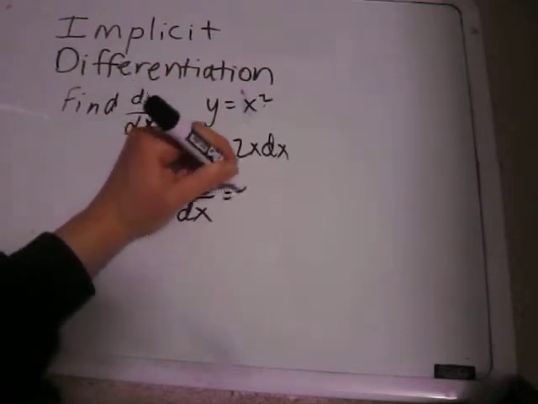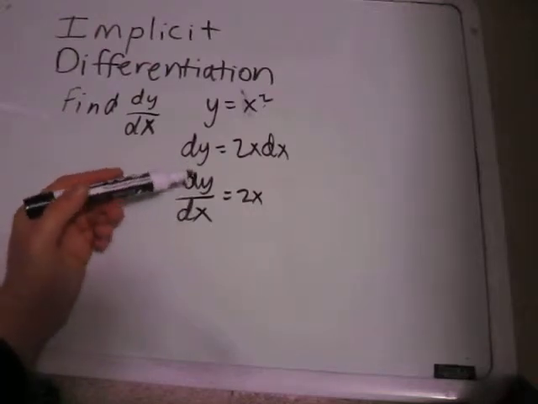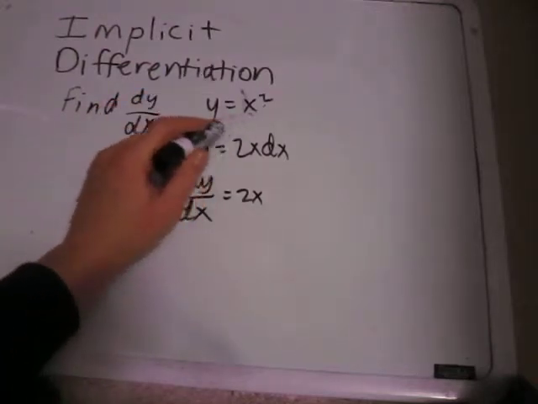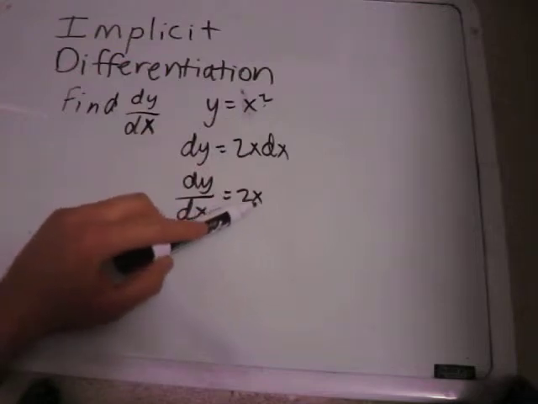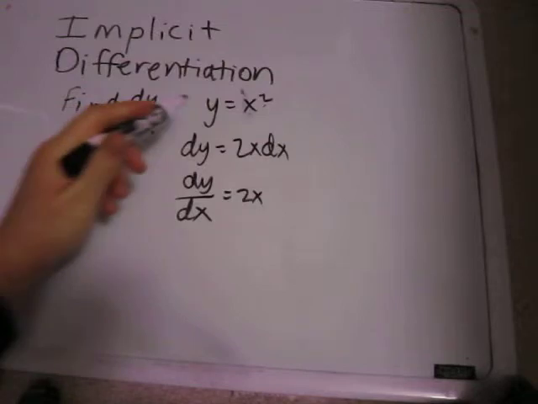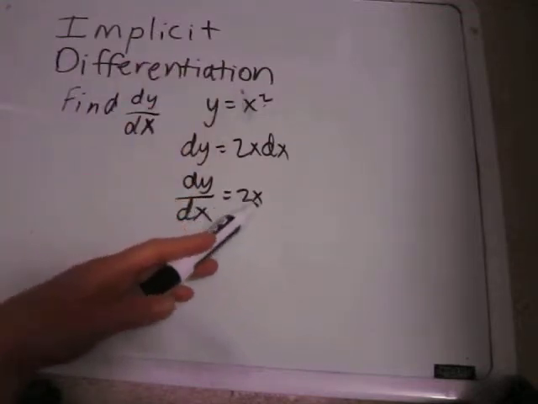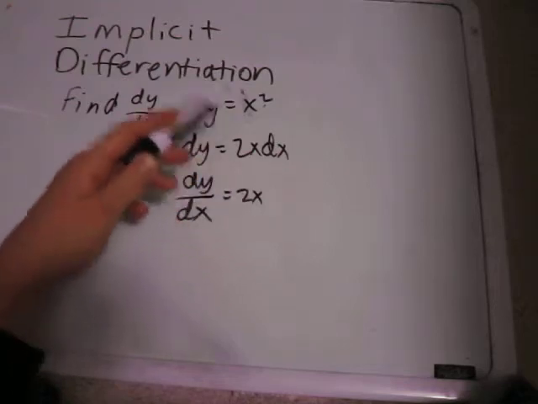So dy/dx, the slope of the tangent line of this function, is 2x. If you want the slope of y equals x squared at the point x equals 1, you plug 1 in and you get a slope of 2.